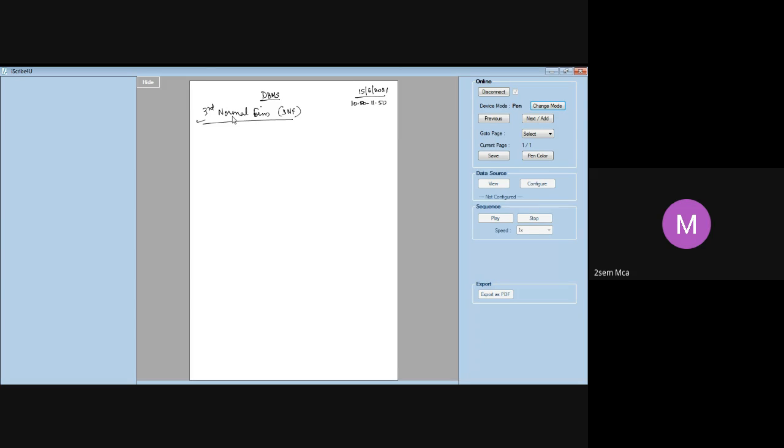After that, we saw the important concept of the general definition of second normal form and third normal form. Second normal form, we tried to explain in the form of full functional dependency.